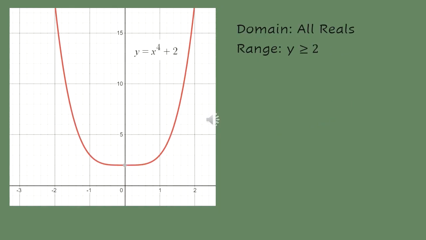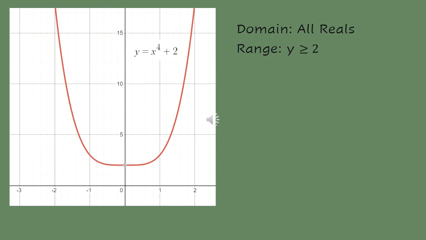Here is an example in which the domain is all real numbers, so I can plug any number in because it's a polynomial. Polynomials will always have domain all real numbers. There are no restrictions. You can plug in negative, 0, positive, whatever. But if it's an even polynomial, there will be restrictions to the range. There will be a minimum or a maximum y value that gets reached.